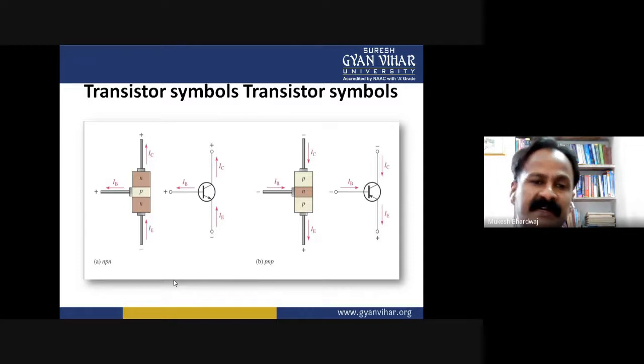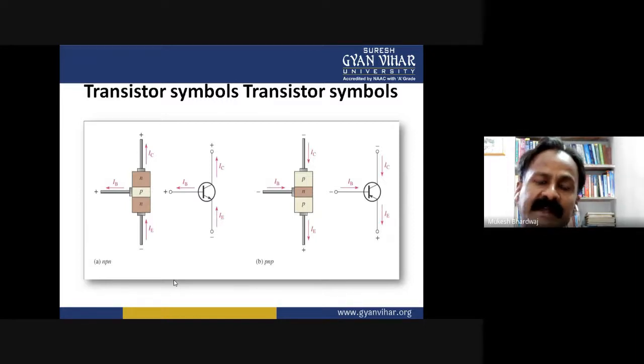If you observe, one arrowhead is moving outward and one arrowhead is moving inward. If the arrowhead is moving from base to emitter side, then this is the symbol for an NPN transistor. And if the arrowhead is moving from emitter to base side, this is the symbol used for a PNP transistor.